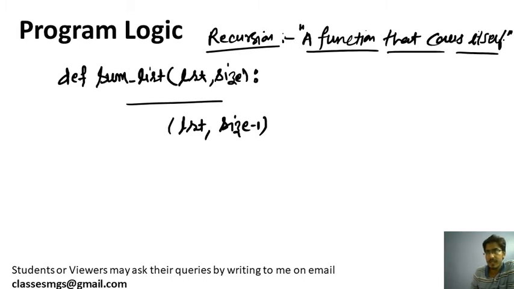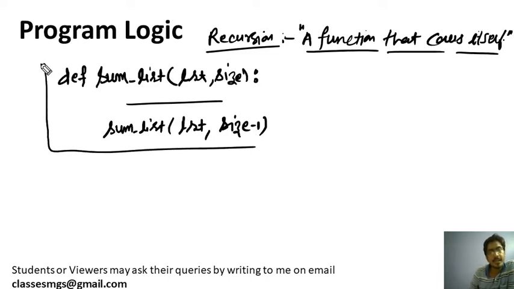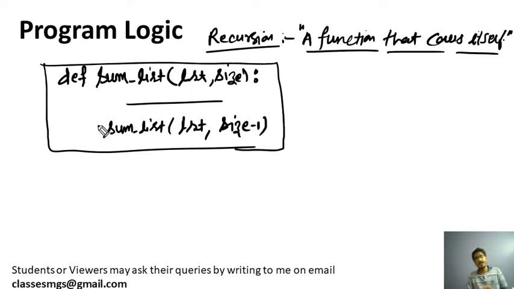This is known as a recursive call. Let's suppose sum_list. I am calling the same function again and again through this function itself. This is known as a recursive function.